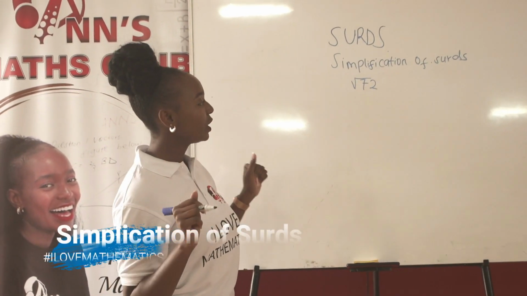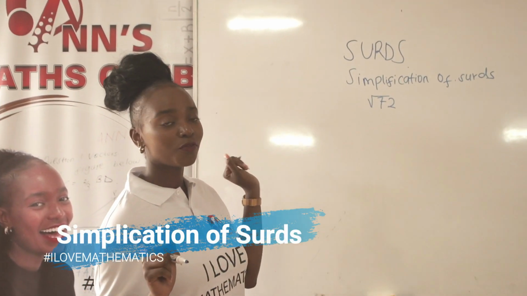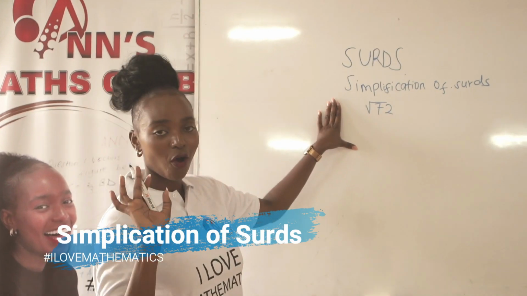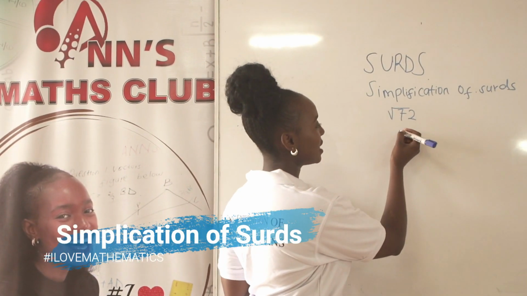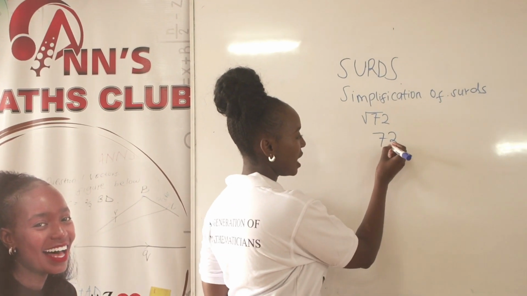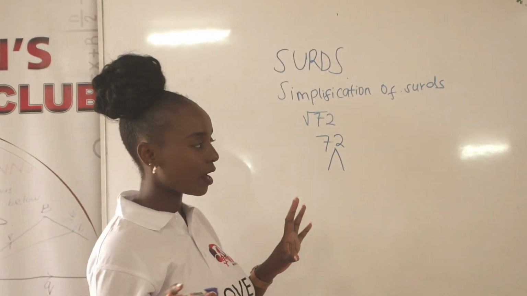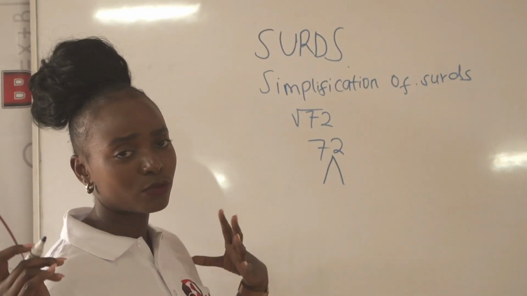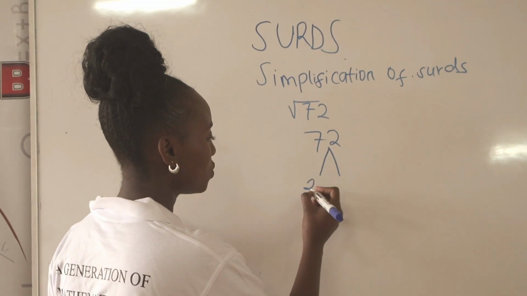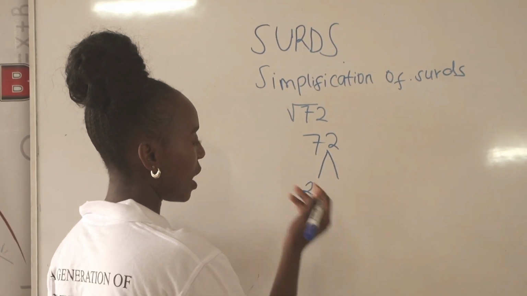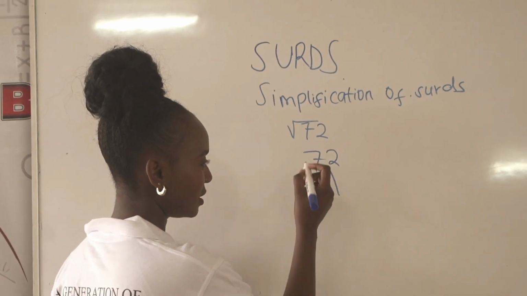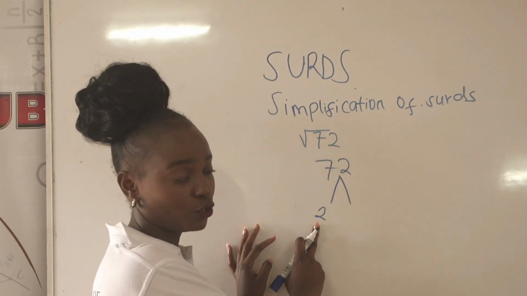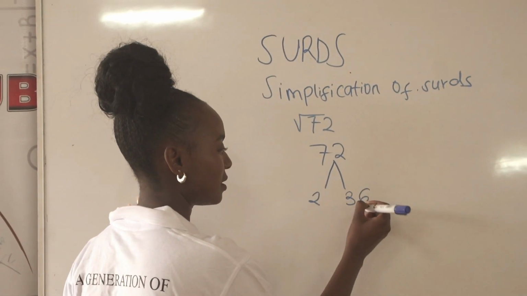Amazing. So looking at example 2, when we focus on simplification of surds. Like I said, you take the 72 and you can use the tree diagram to solve it. So always start with the factors. You can start with 2. By 72 divided by 2, you get 36.